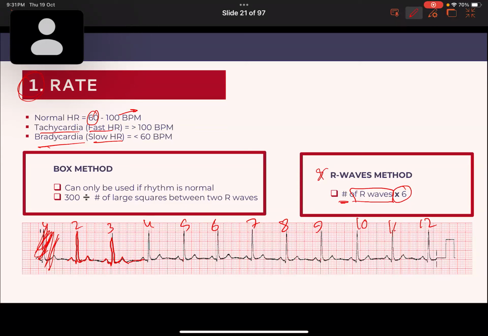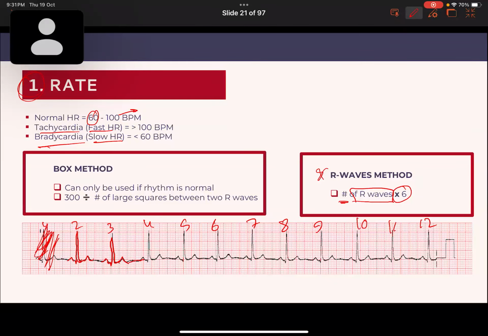Thus, you should count the first one as well. So you have 12 R waves, and if we multiply this by 6, you get this heart rate, 72. So what is this considered? Is it normal? Is it fast? Or is it slow? It's normal. Yes.